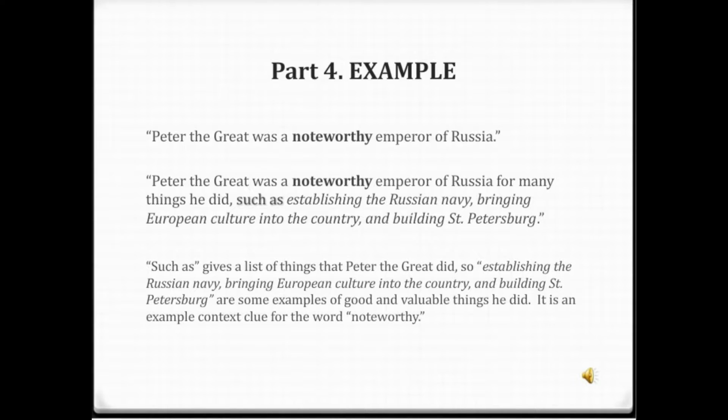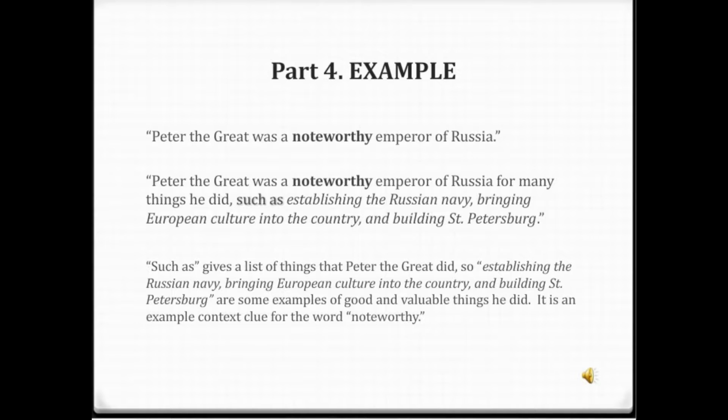Peter the Great was a noteworthy emperor of Russia for many things he did, such as establishing the Russian Navy, bringing European culture into the country, and building St. Petersburg. Such as gives a list of things that Peter the Great did. So, establishing the Russian Navy, bringing European culture into the country, and building St.